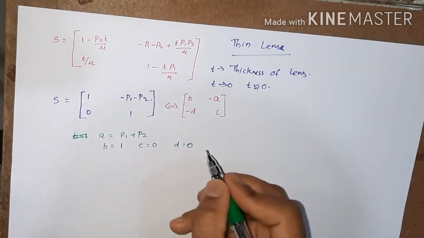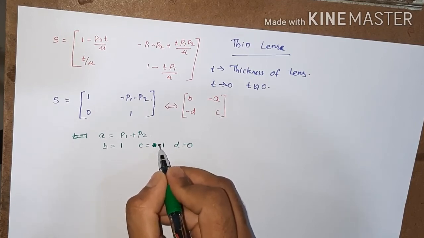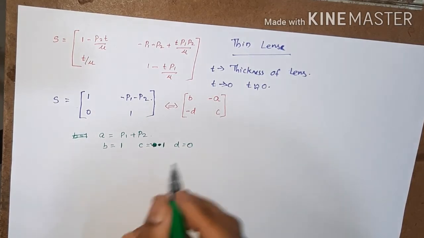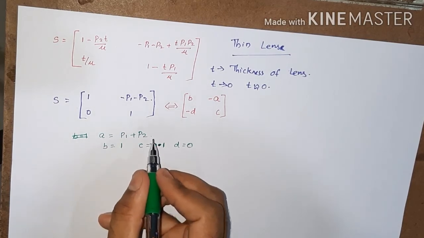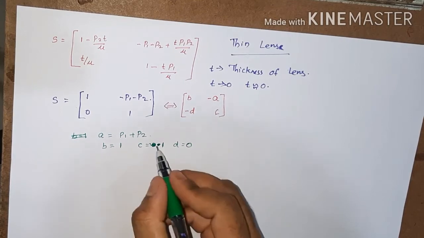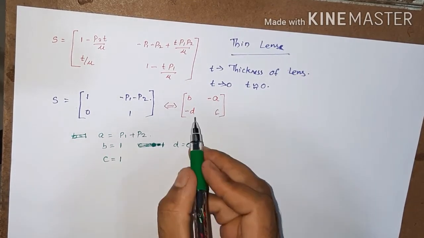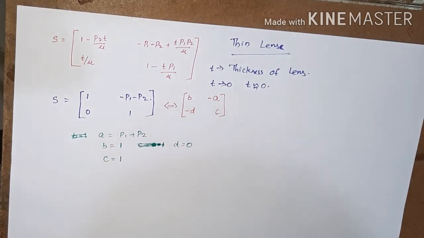D is equal to 0 and C is equal to 1. A is equal to p1 plus p2, B is equal to 1, C is equal to 1 itself, and D is equal to 0.